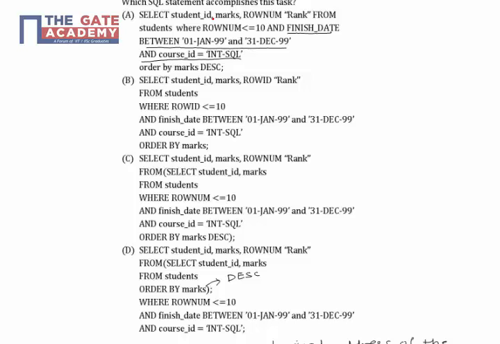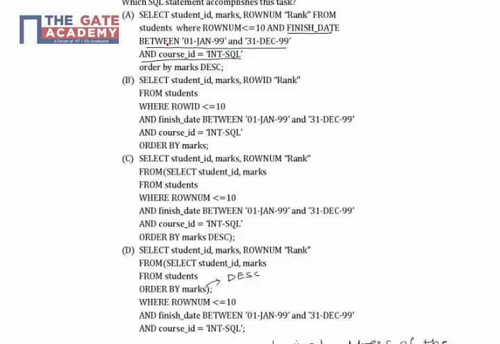In option A, we select student ID, marks and row number as rank from students table where row numbers are less than 10 and finish date is between 1st January 1999 and 31st December 1999 and course ID is equal to Introduction to SQL.